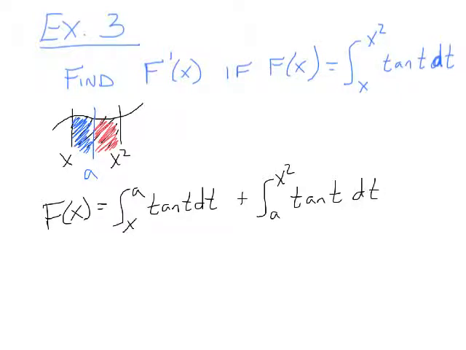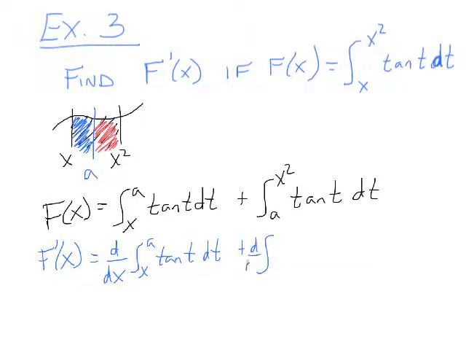Since the problem is asking us to find the derivative, we want to take the derivative of each piece. So we get F prime of x equal to the derivative of the integral from x to A of tan t dt, plus the derivative of the integral from A to x squared of tan t dt.